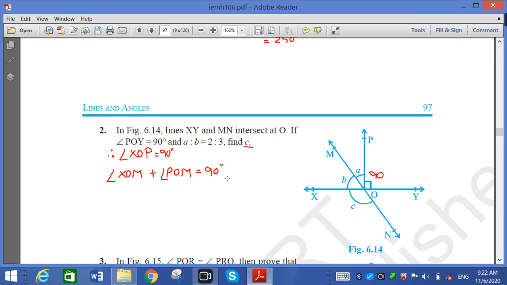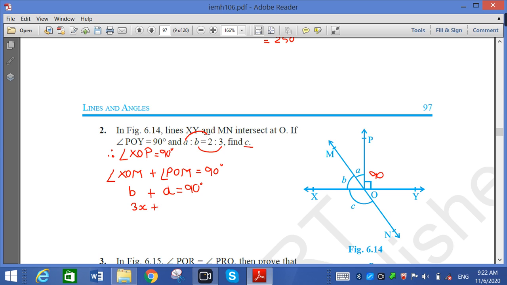Now XOM, that is B, and POM, that is A, sum to 90. B means 3, so I write 3x.